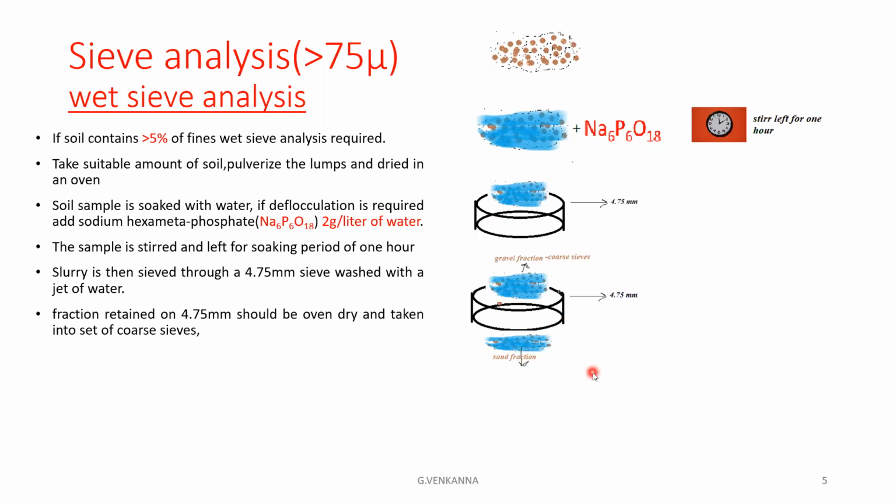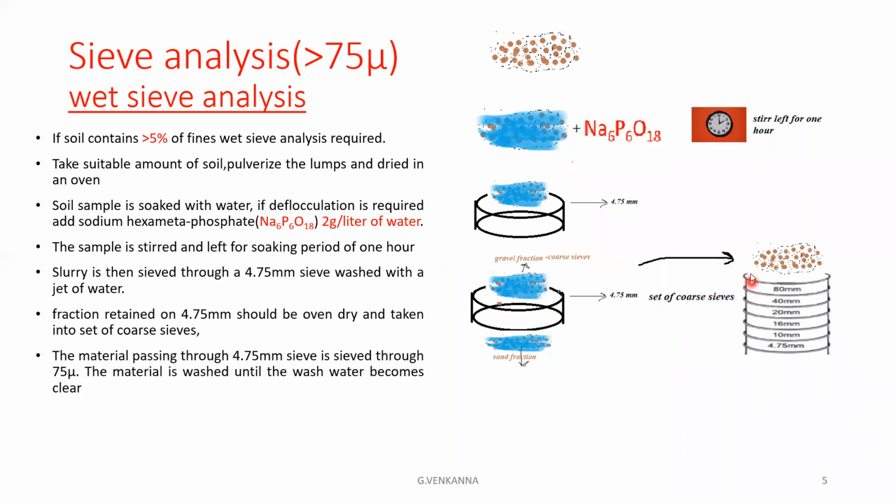The material retained on the 4.75 mm sieve is taken into an oven to evaporate the water and any sodium hexametaphosphate. So we have to dry the soil, and after drying, the soil is sieved through a set of coarse sieves. The material retained on each sieve is separated according to its particle size.